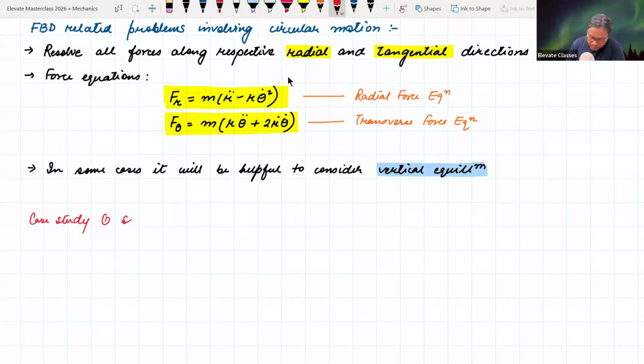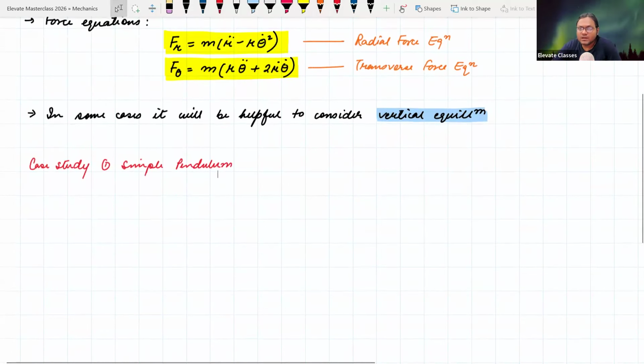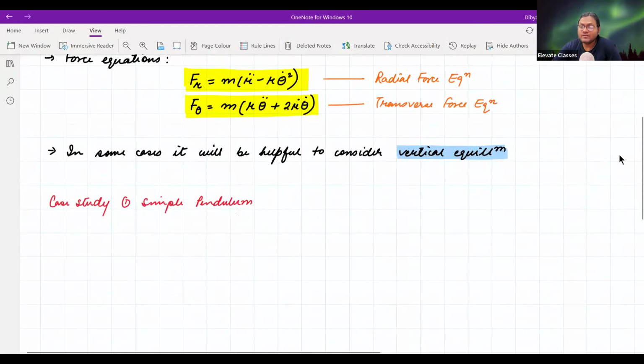Simple pendulum. Simple pendulum is one of the very simple examples of circular motion because you have a bob which is hanging from a wire suspended on a ceiling, and if you release it in the presence of acceleration due to gravity, it is simply oscillating back and forth on the arc of a circle, right?